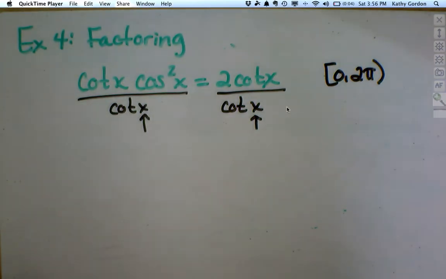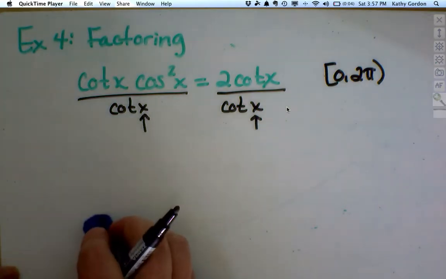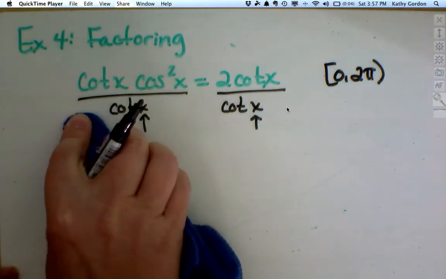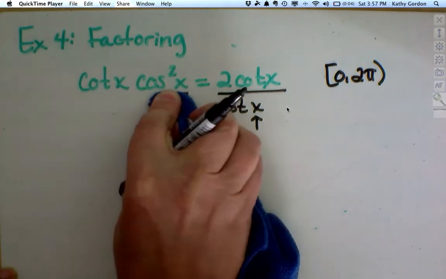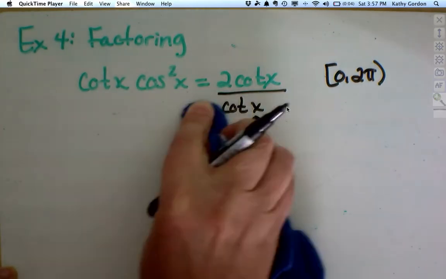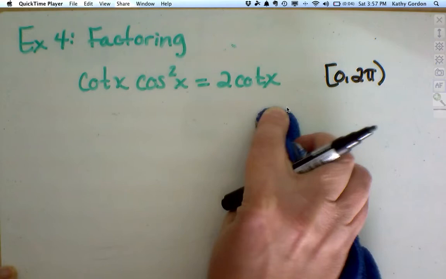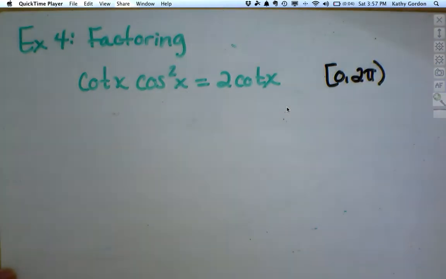And so one of the solutions may not show up in your answer because you are getting rid of this cotangent x. So we never, ever want to divide both sides of an equation by something that has a variable in it. If it's just a number, that's fine. But if it has a variable in it, that's not a good choice.